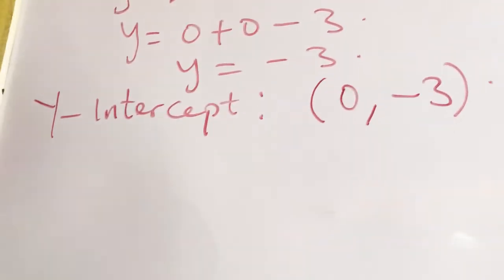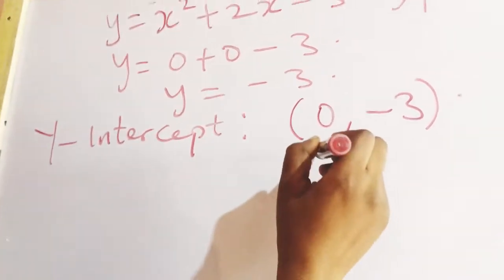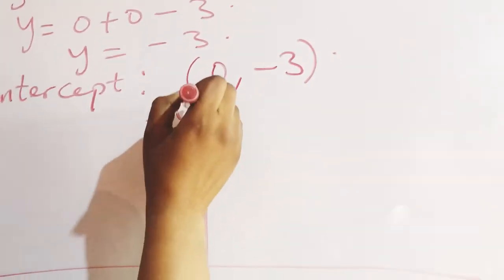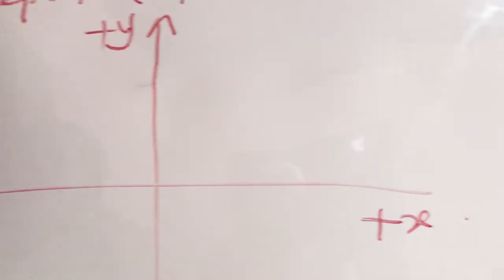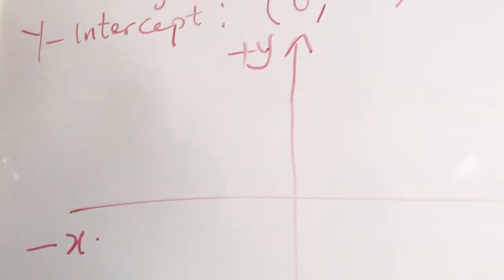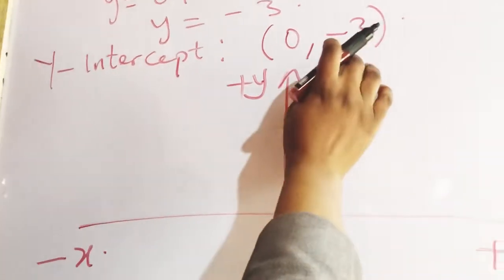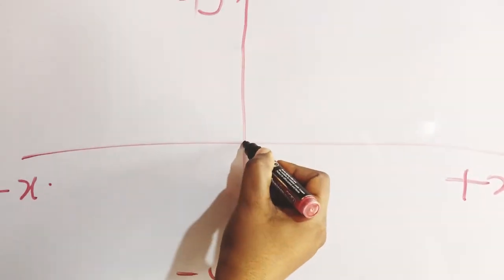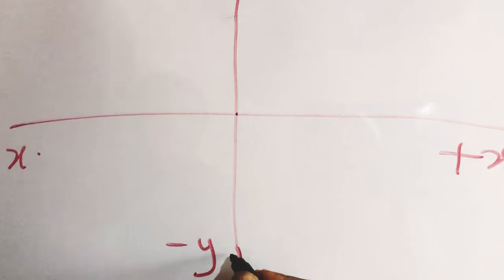So to sketch it, this is the positive y axis, and here is the negative y axis. Here is the positive x axis, and here is the negative x axis. When x is equal to 0, y is equal to minus 3, which will be somewhere around this place.